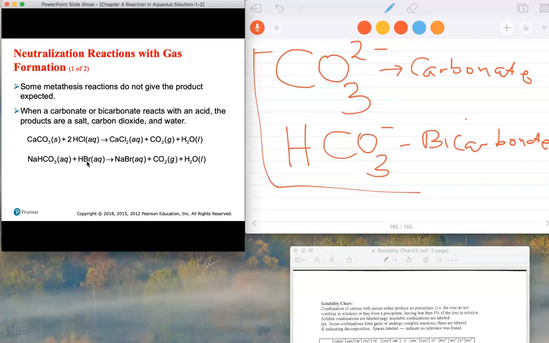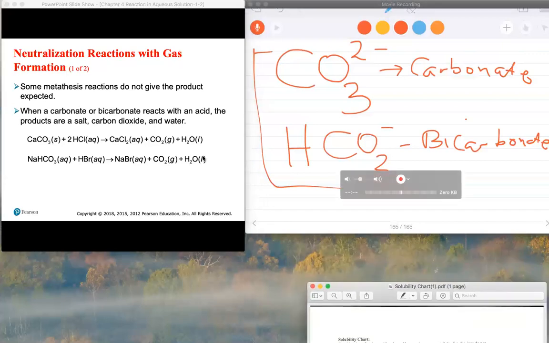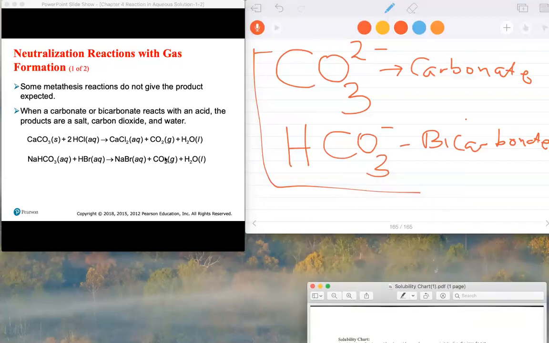This is an acid, and the products are liquid H2O and CO2. These are two classic examples of gas forming neutralization reactions.